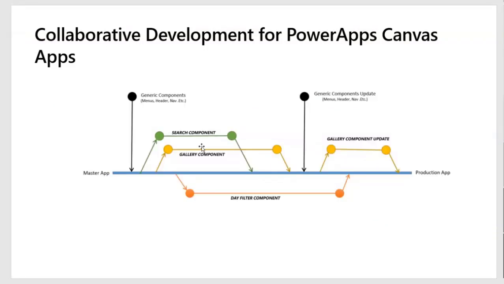Again, this is the same concept we alluded to yesterday, the idea of creating a generic component and being able to update this component independently of the main app, and that's allowing you to create this idea of distributed collaborative development within PowerApps, which is something that customers always ask for, and there's not really a straight answer.